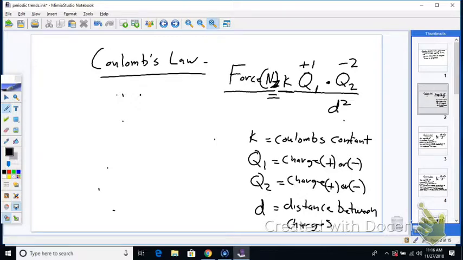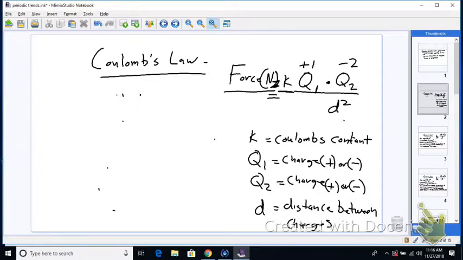Okay. So, I doubled this charge. This charge stays the same. This distance stays the same. So if I double the charge, what happens to the force? It goes up. How much? Doubles. That's right.